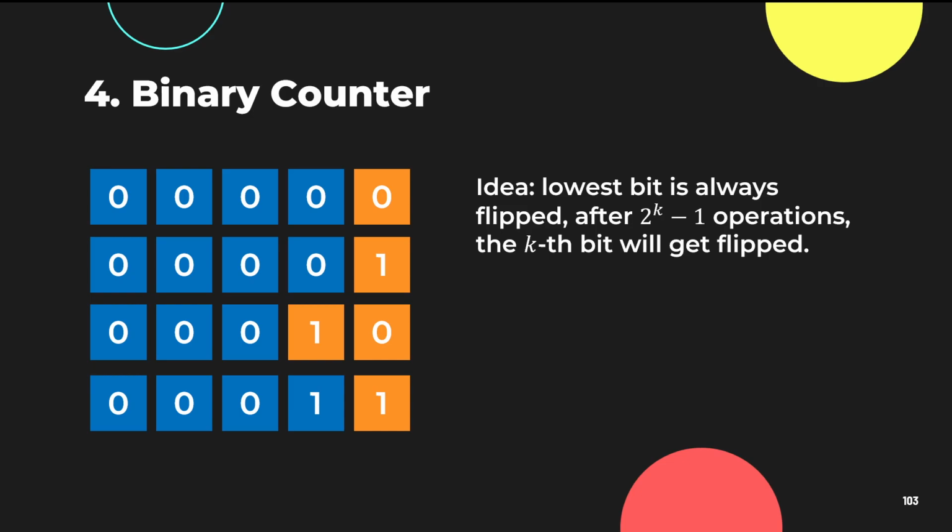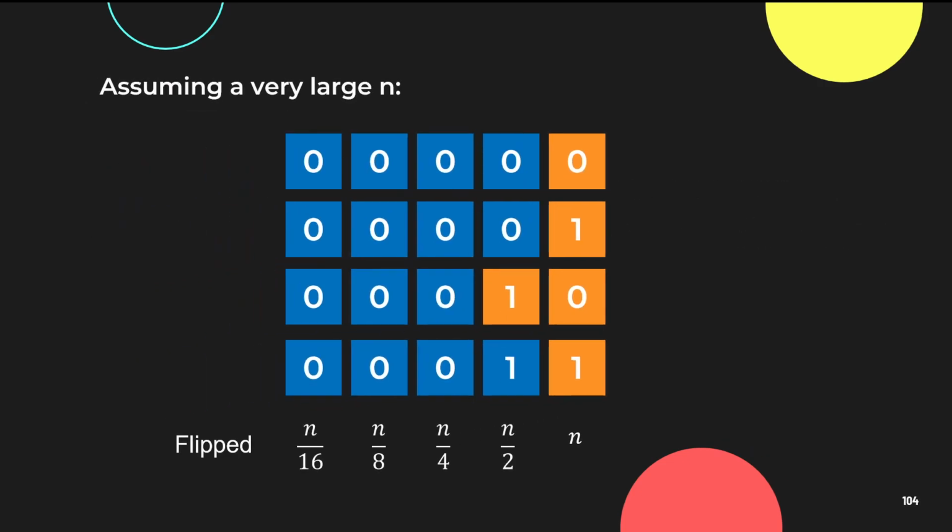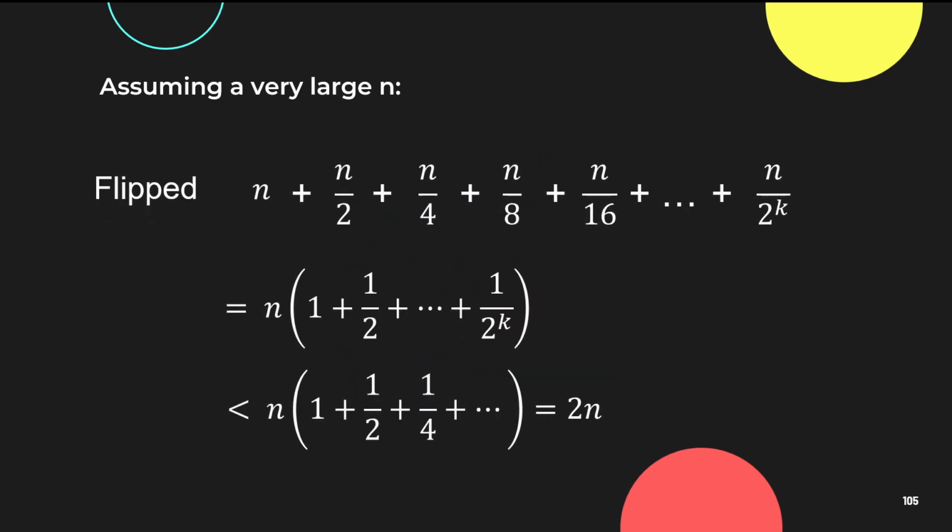So how many times do we flip? At most, if I have n operations here, bit 0, I will always flip it every time. I will flip it n times. Bit 1, I will flip it half of the times. Bit 2, I will flip it 1/4 of the times, then 1/8, then 1/16, and so on and so forth. So if I combine all of these, I will get n plus n over 2 plus n over 4, all the way until I have 2 raised to k minus 1, supposedly.